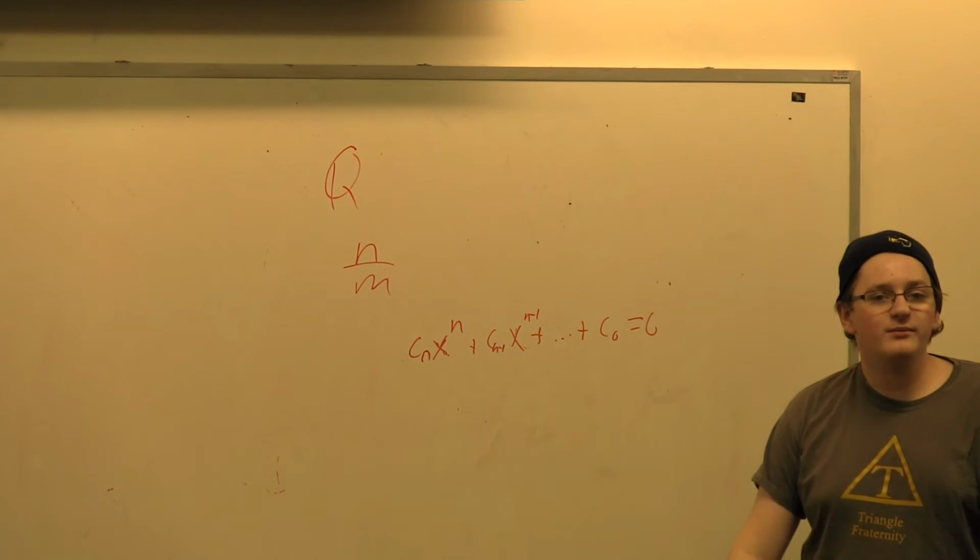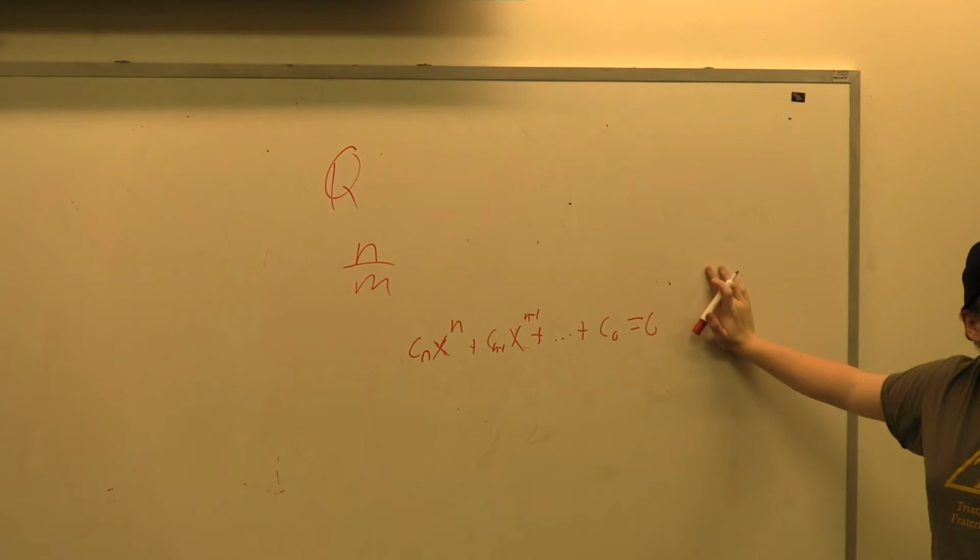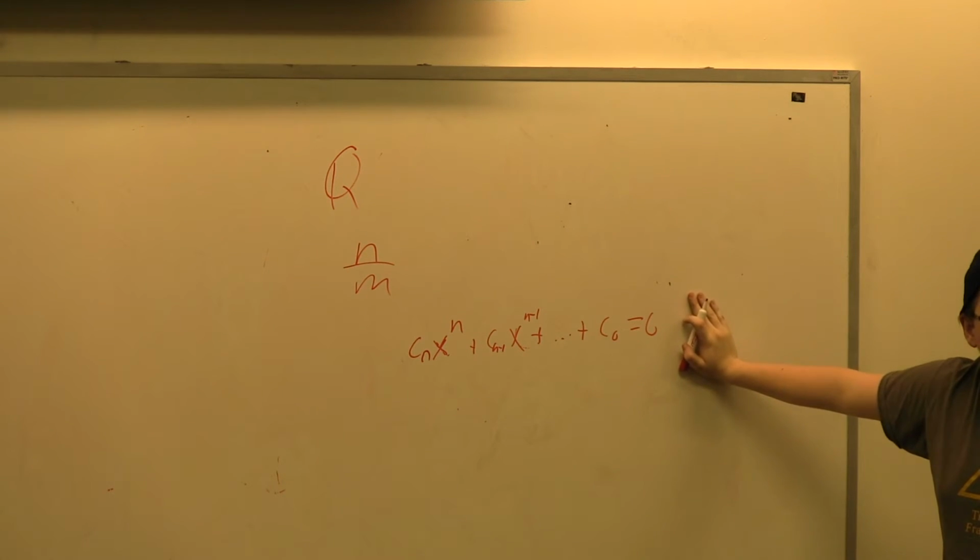A transcendental number cannot be written as the root of some polynomial with purely integer coefficients.